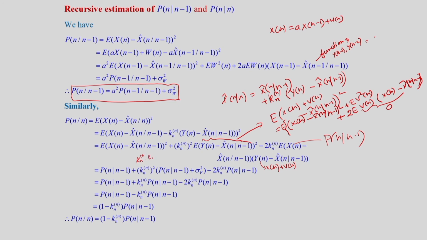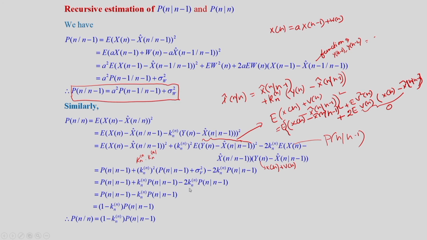into k n into these things. So, that term will be simply equal to P of n given n minus 1. Therefore, we have P of n given n minus 1 plus k n into P of n given n minus 1 minus 2 k n into P of n given n minus 1.